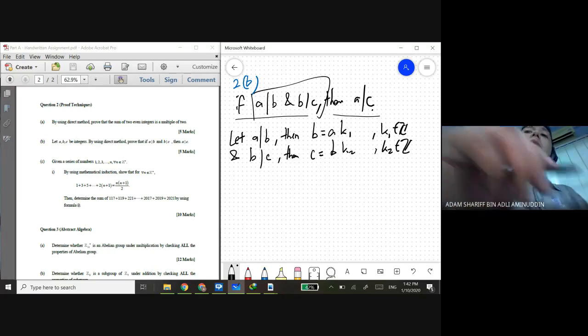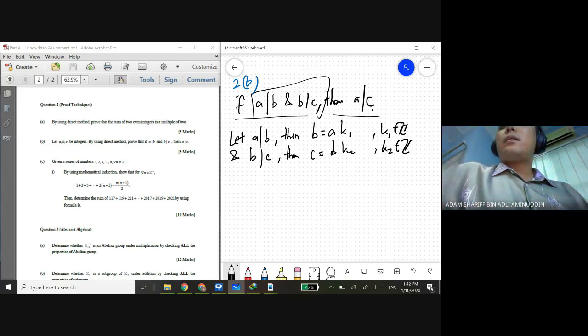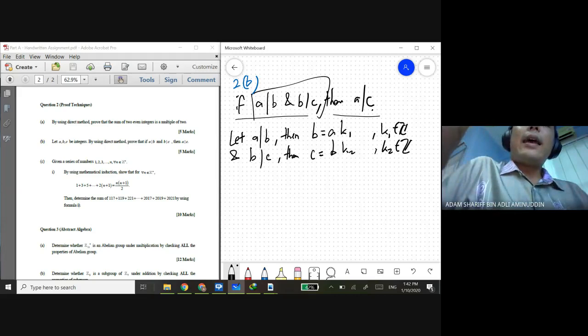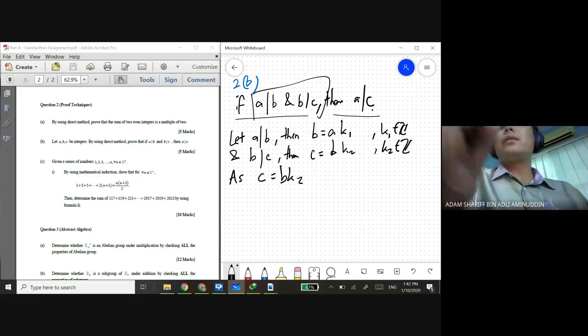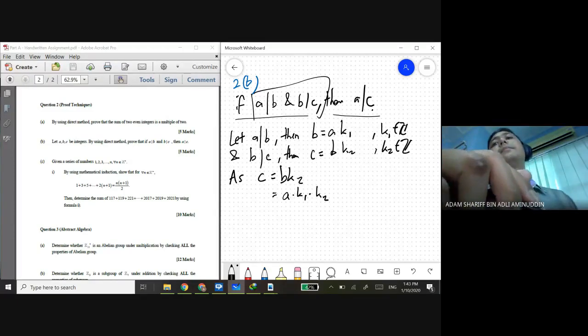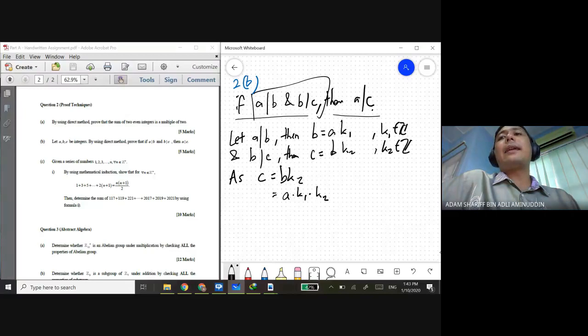Next, to show that since C equals B K2, C becomes A K1 times K2. We get this from the first line. K1 is an integer, K2 is an integer. K1 times K2 becomes another integer, K3.